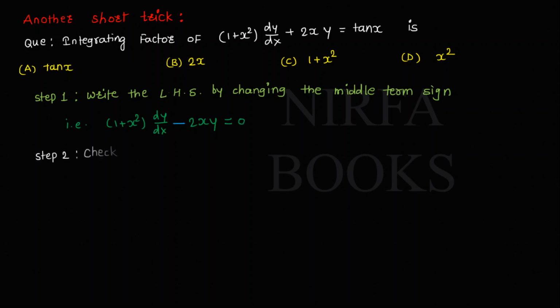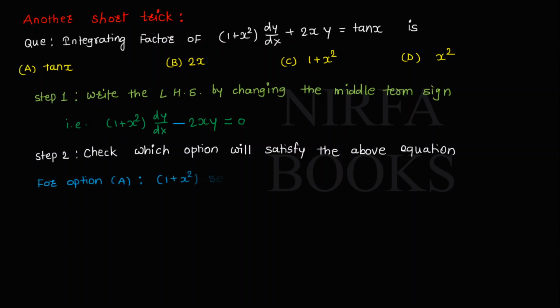Now step number 2 is to check which option will satisfy the above equality. So one by one I am checking this equality. For option A, tan x is given, and I want to check whether this tan x is the integrating factor of the given differential equation or not. For that, I'm putting this tan x instead of y in this equality.